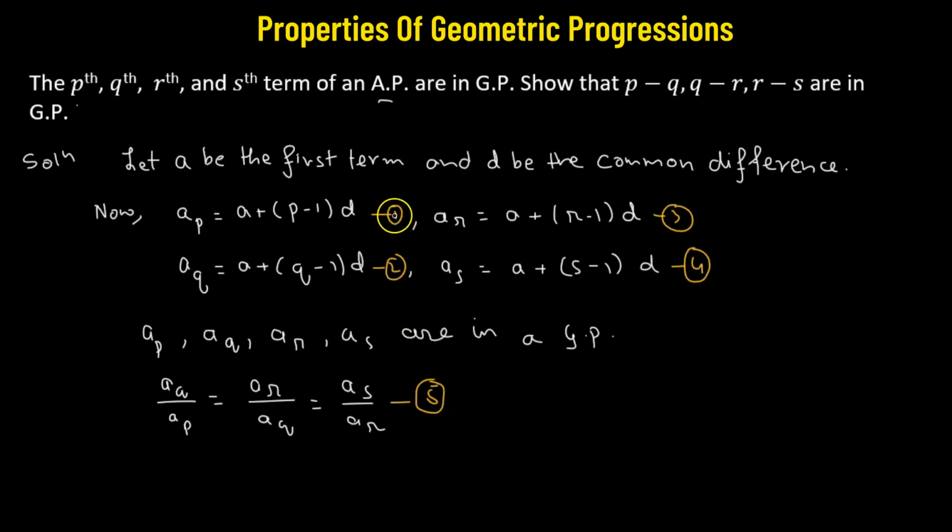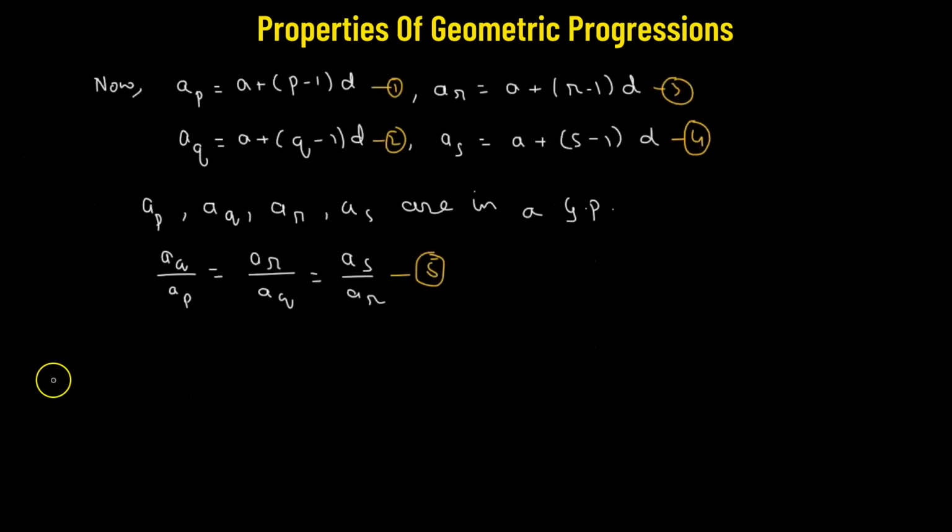Now what we'll do, we will subtract equation 2 from equation 1. So let's do 1 minus 2.